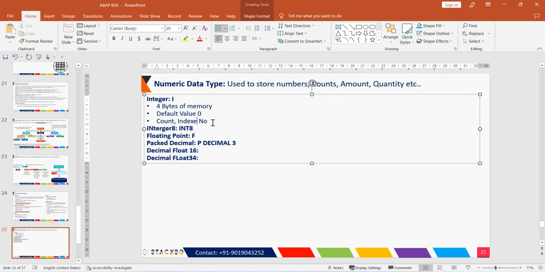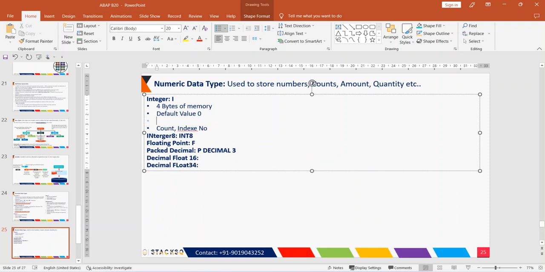When you define a variable using integer data type, the variable can store up to 10 numbers, not more than that. That means even though it is occupying 4 bytes of memory, it can store 10 numbers.